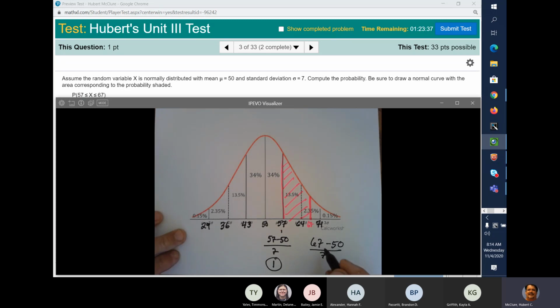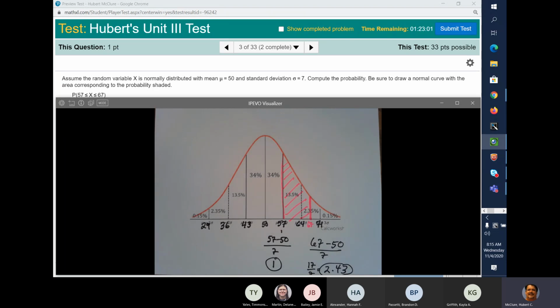So 67 minus 50 is 17, and 17 divided by 7, 7 will go in there 2 times. That'll leave 3. I think 2.43, but somebody check me, please. What is 17 divided by 7? It's 2.428. Okay, well, if we round it to 2 decimal places, 2.43, because z-scores are 2 decimals. So there's your second z-score.